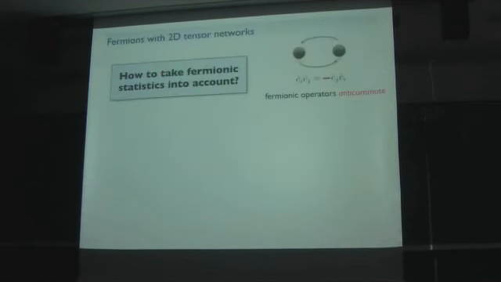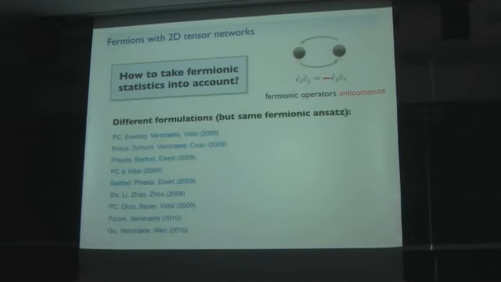So just a side remark in the end, if you want to simulate the 2D Hubbard model, we need a fermionic tensor network ansatz. So we have to find a way how we can include fermionic anti-commutation rules in our ansatz. And now this has been worked out by many groups, now it's 10 years ago.